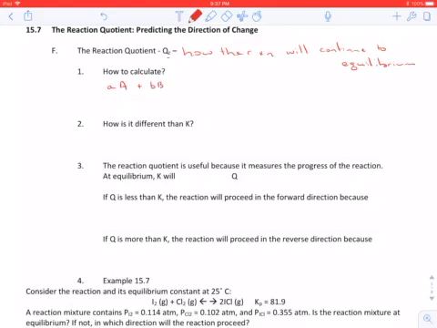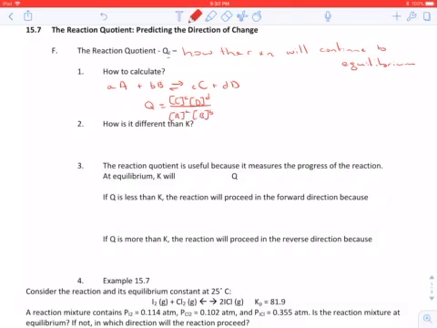So here's our generic reaction that we have seen before that we use to calculate K. The only thing different here is that Q is used and we may not be at equilibrium, so it's still products raised to their coefficients over reactants raised to their coefficients.